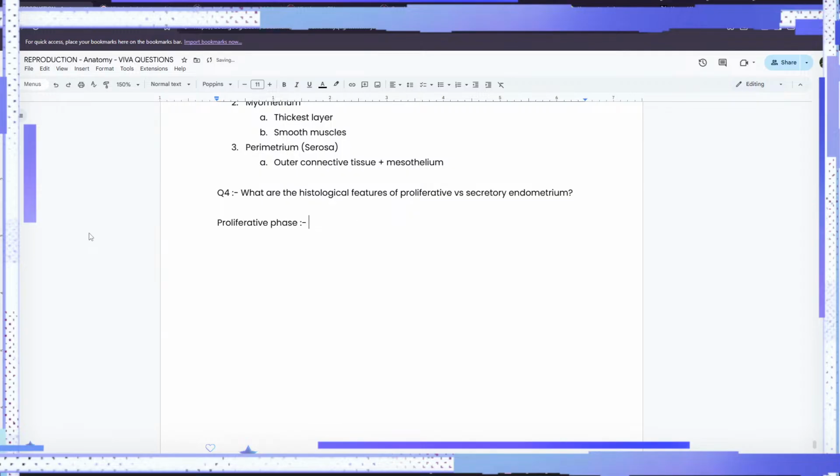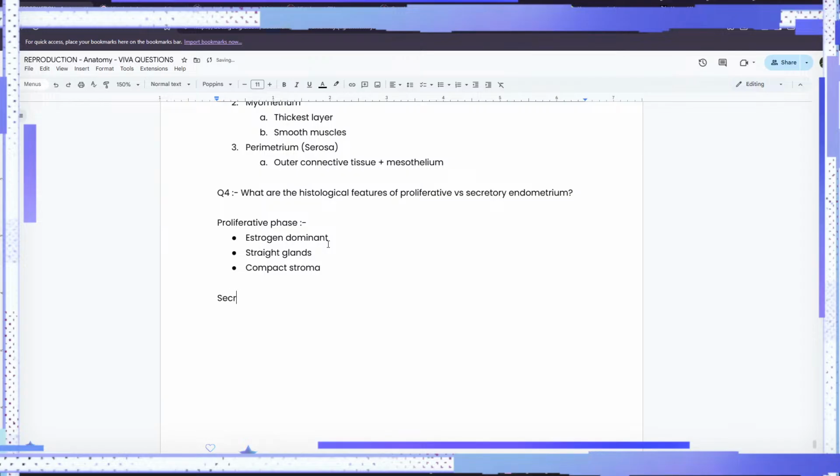What happens in the proliferative phase? It is estrogen dominant, with straight glands and compact stroma, and that's good enough.